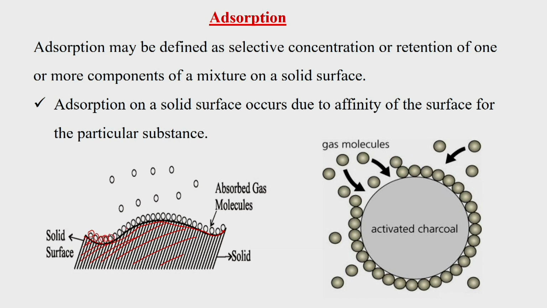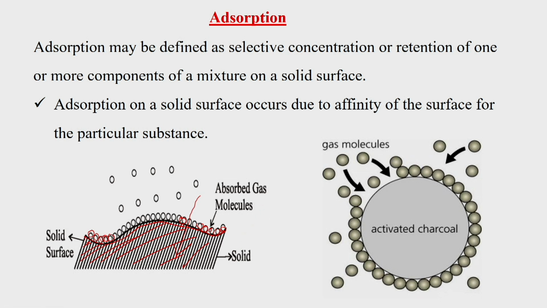Only at the outer surface, the gas molecule is not entering the interior of the solid. Only on the top surface the gas molecules are stuck. Then we can say this is the phenomenon of adsorption.